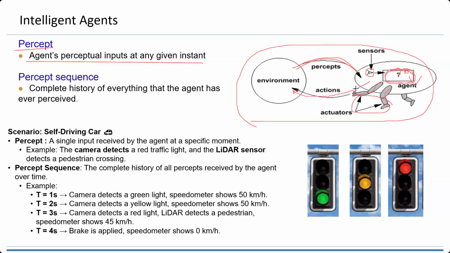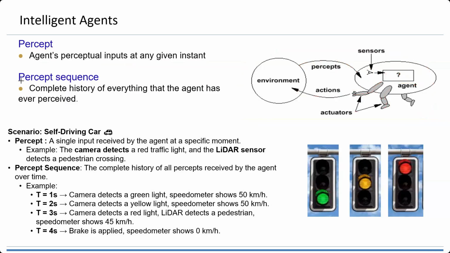So this is the diagram of an agent. There can be a percept sequence. Percept sequence means a complete history of everything that the agent has ever perceived. Complete history, what does it mean? This is about the data.